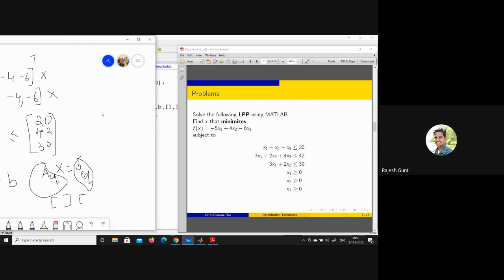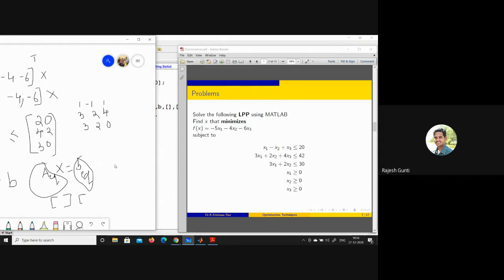This entire value we can write like this: 1, minus 1, 1; 3, 2, 4; 3, 2, 0.